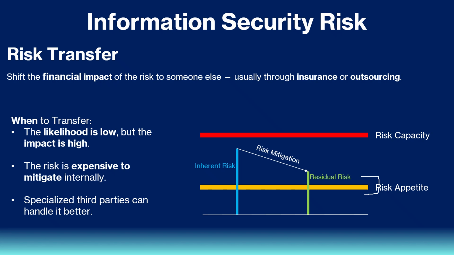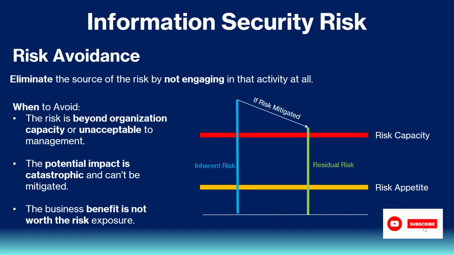Now, let's move to the next part, and that is risk avoidance. This is the last part of risk treatment. Avoiding risk means the organization decides not to proceed with a project, activity, or technology because the risk involved is just too high. Think of it like this.